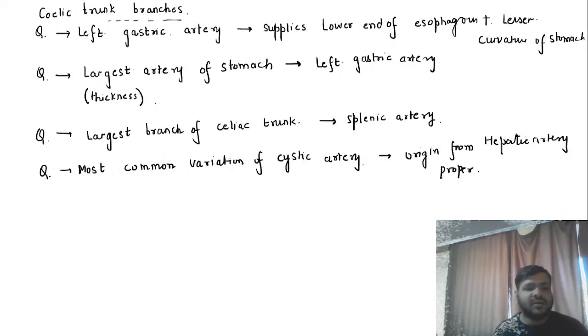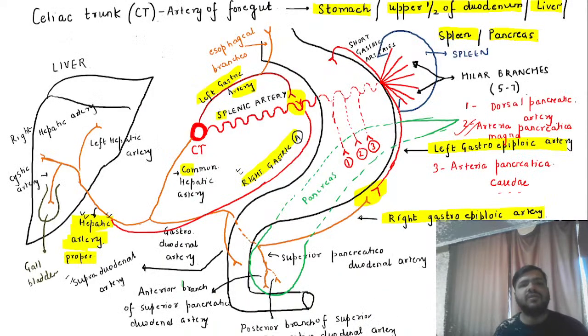Now, guys, what does this statement mean? I have already told you in the diagram that the cystic artery arises from the right hepatic artery. But the most common variation, you would be surprised, is that this artery arises directly from the hepatic artery proper. Majority of the times it is the right hepatic artery, but it can also arise from the hepatic artery proper as well.